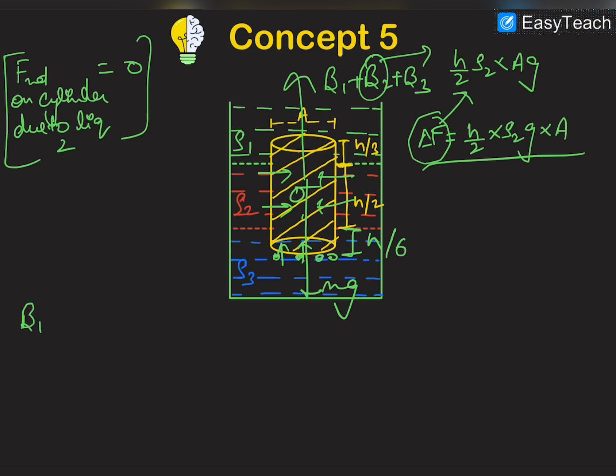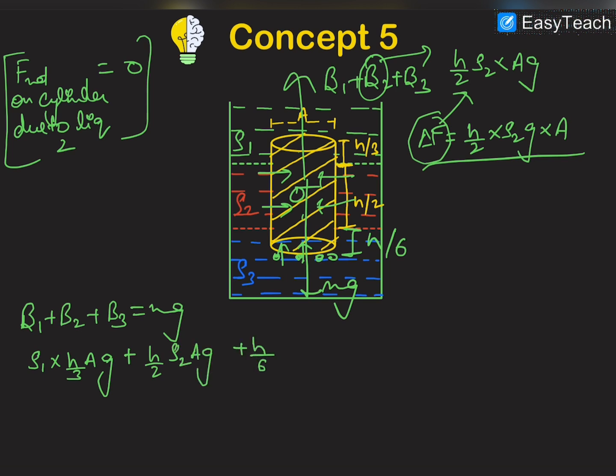Therefore B1 plus B2 plus B3 will be balancing mg, and B1 will be rho 1 into h by 3 Ag, B2 will be h by 2 into rho 2 Ag, and B3 will be h by 6 into rho 3 Ag, and it would be equal to sigma Ah into g.